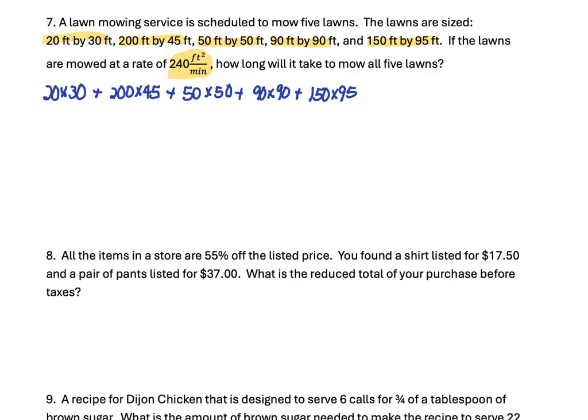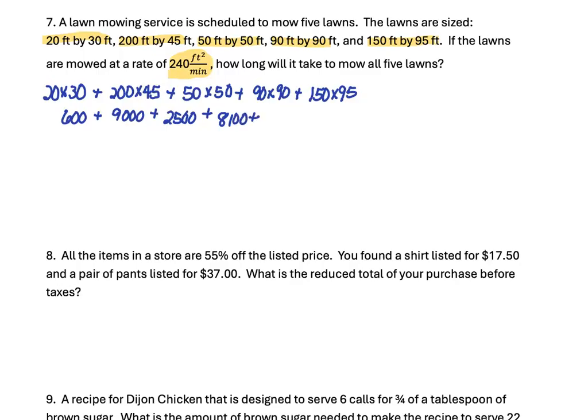Okay, so that gives us 600. This is going to be 9,000. And these are all what kind of measurements? Feet times feet is square feet, right? 2,500. 90 times 90 is 8,100.